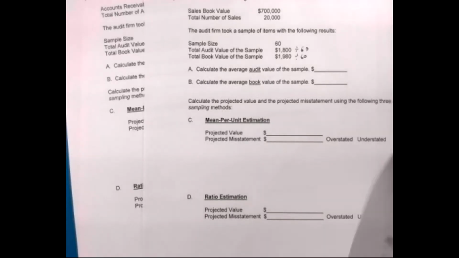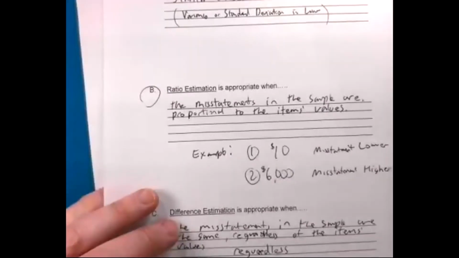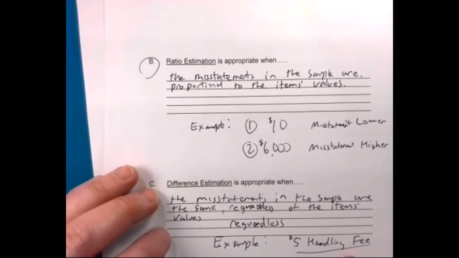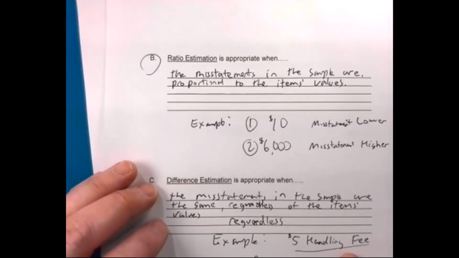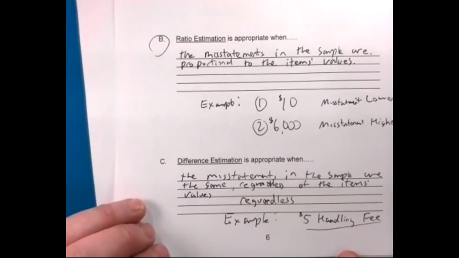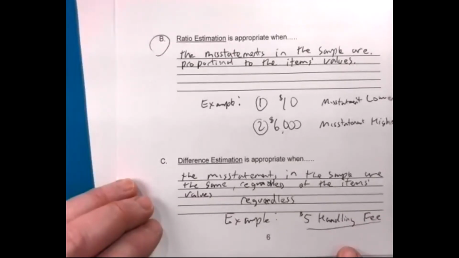Yeah. It basically goes down to what the misstatements would be, and that's a little bit troubling. After you get the answer for the misstatement, you go back in and see what some of the values in the sample are. That very well may be where you come up with it.